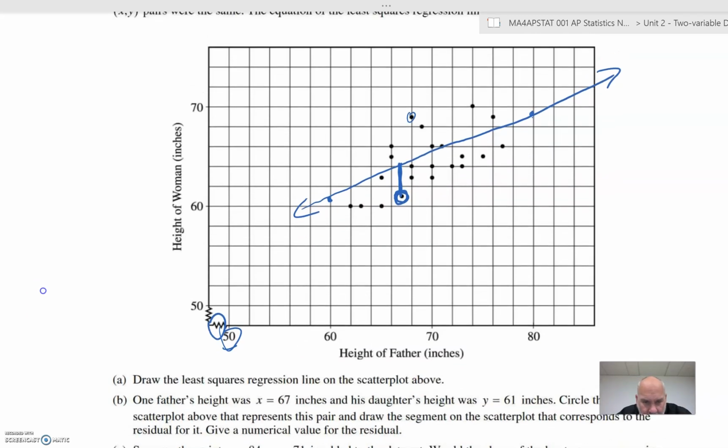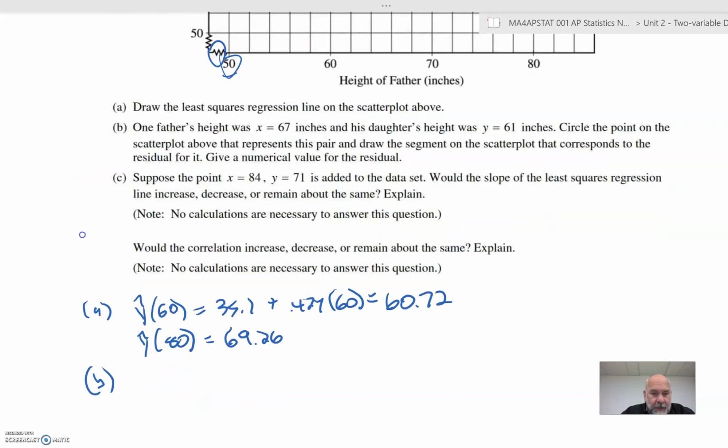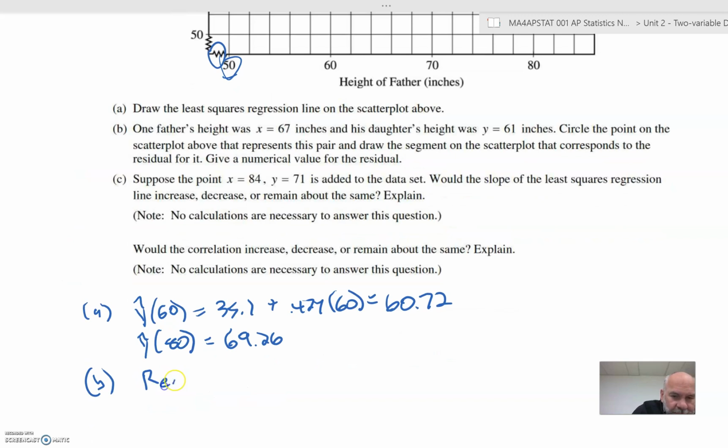Cool. So I drew the segment, now give a numerical value for the residual. The residual equals the actual minus the predicted. The actual is she's 61, minus the predicted, so I have to plug into the formula.